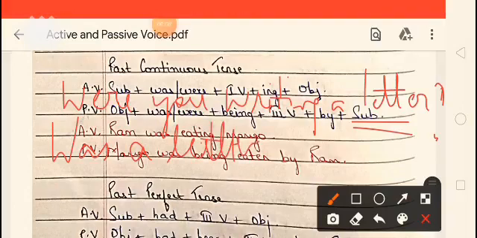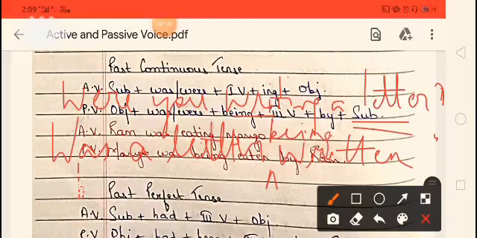Then what I told you, the third form of the verb write. The third form of write is written. So was a letter written, then by. Okay, one mistake is there. Was a letter being written. Here the word being is also used as it is continuous tense. So was a letter being written by you. This will be our answer.